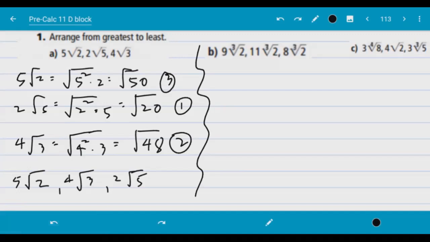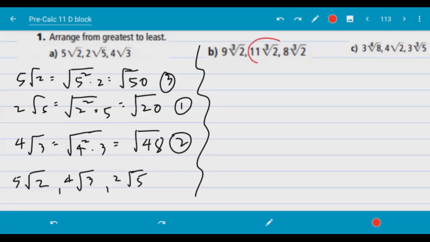So you might think, oh, wait a minute, do we need to turn them all into entire radicals? Well, you can do that. But then, guys, take a look. Do you notice that all of them already have a cube root of 2 as your radical? So I don't think we need to turn this into an entire radical anymore, because the number in front pretty much tells you which one would be the biggest, right?